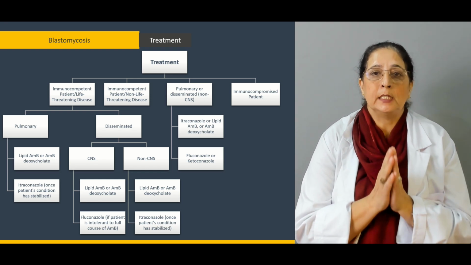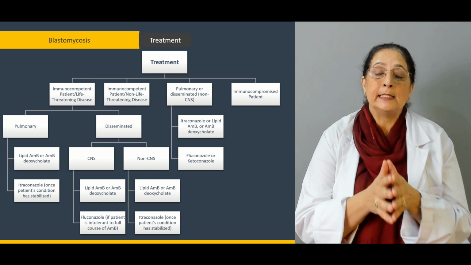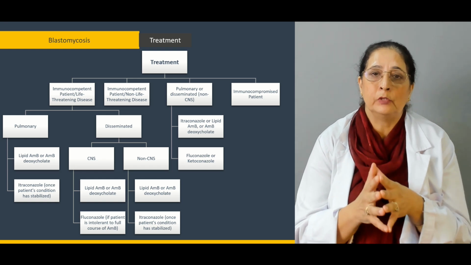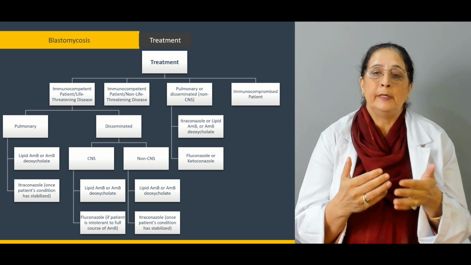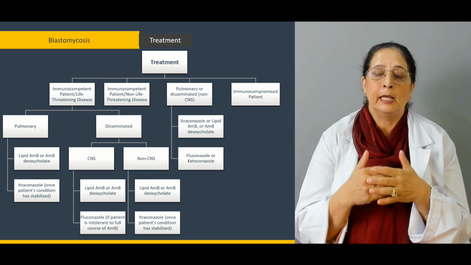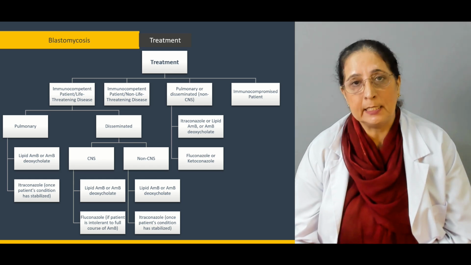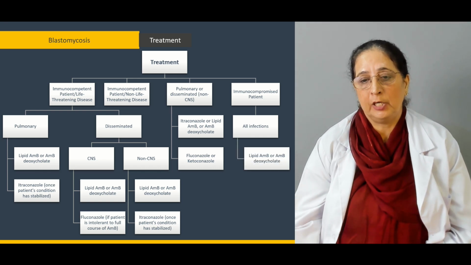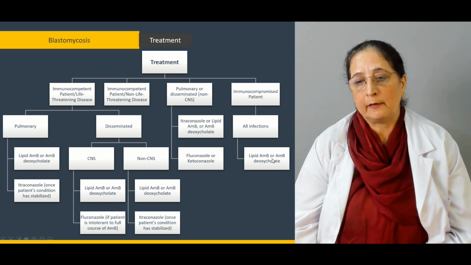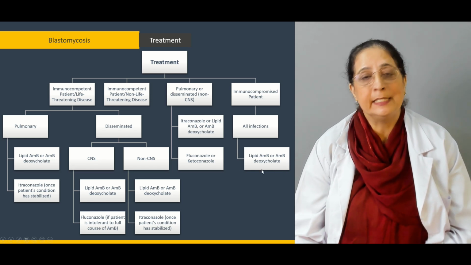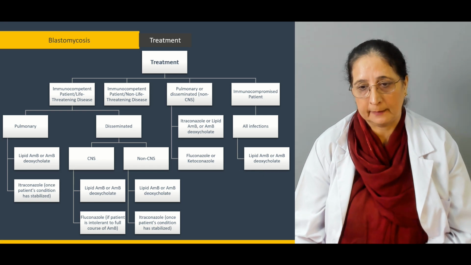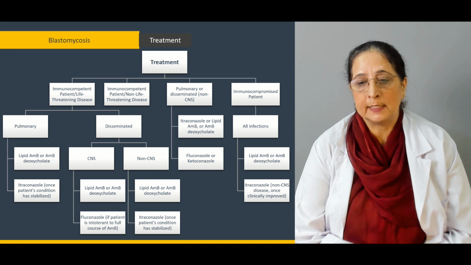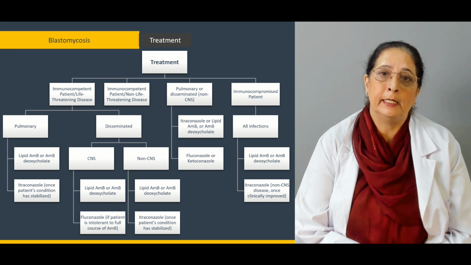Their immune system is weak, they have illnesses like AIDS or malignancies, or they are taking chemotherapeutic drugs. All these patients, their immune system is weak, and how we treat these immunocompromised patients with all infections, we treat them with lipid amphotericin B or amphotericin B deoxycholate. And then itraconazole, non-central nervous system disease, once clinically improved.